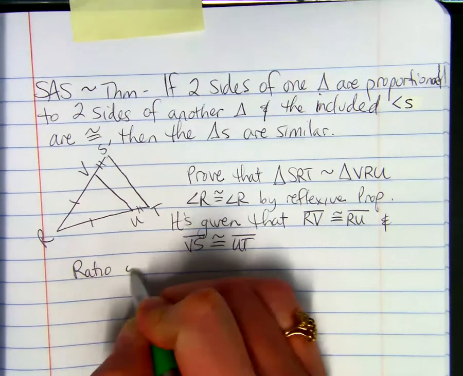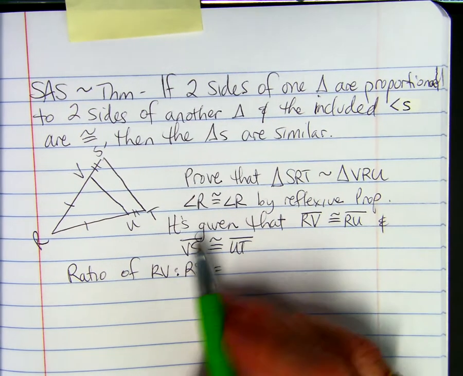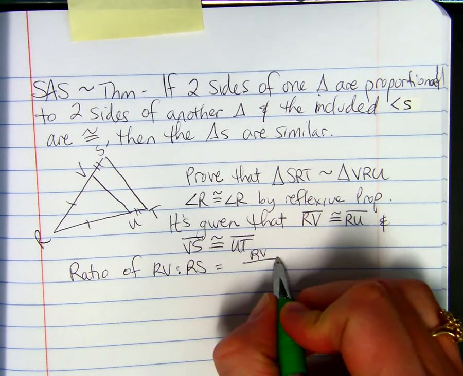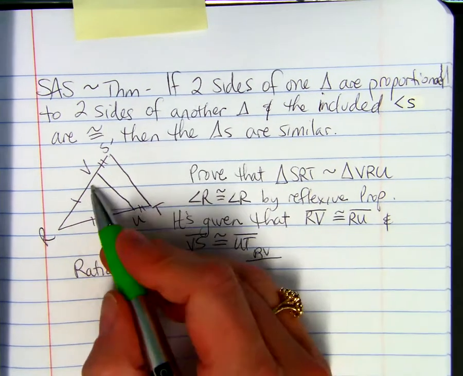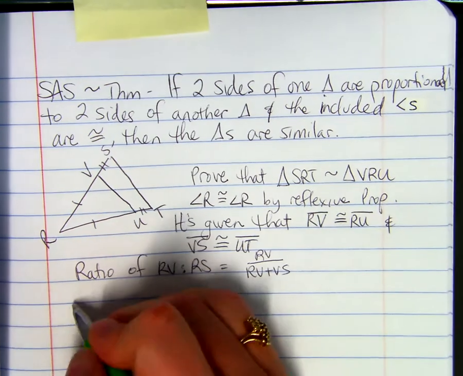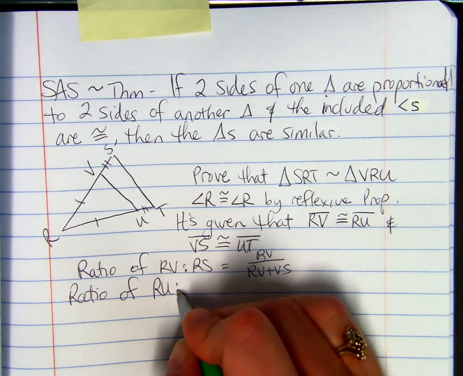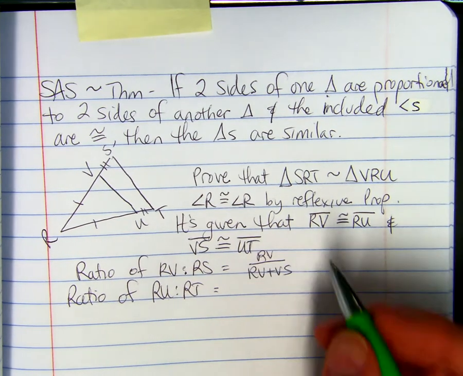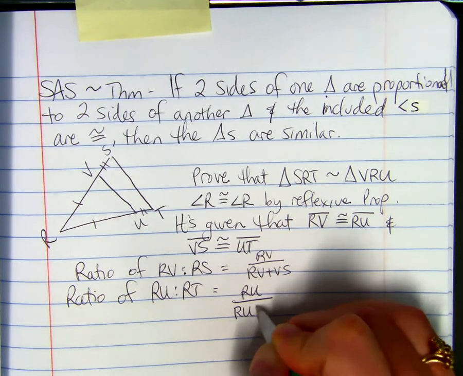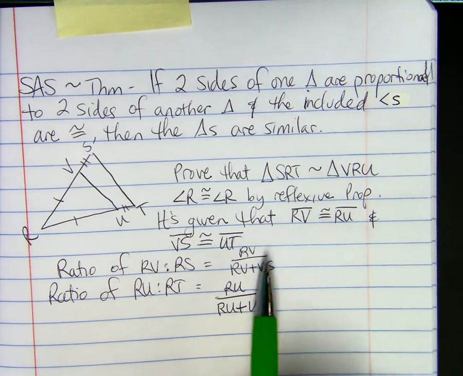So we can show that the ratio of RV to RS is equal to RV divided by RV plus VS. And the ratio of RU to RT would be RU to RU plus UT.